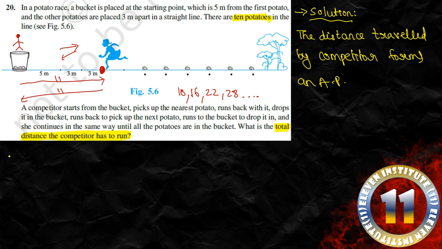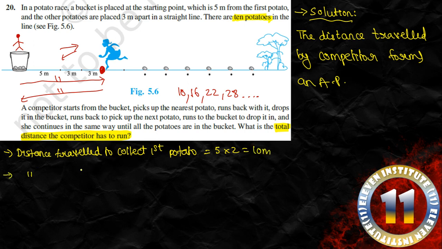We can write over here. Distance traveled to collect first potato. So that will be 5 multiplied by 2, which is 10 meters.